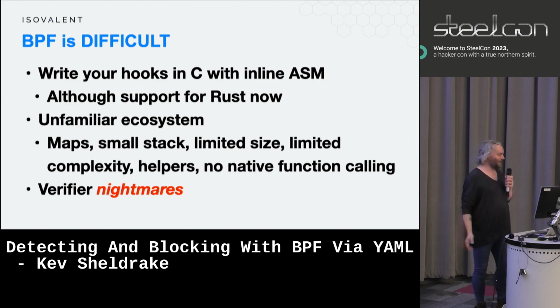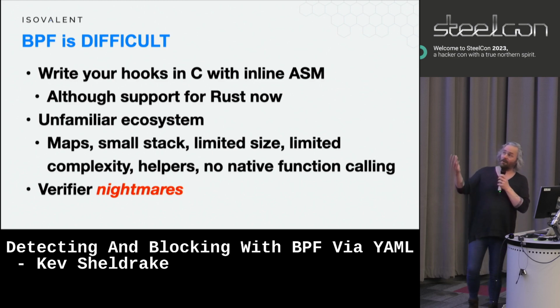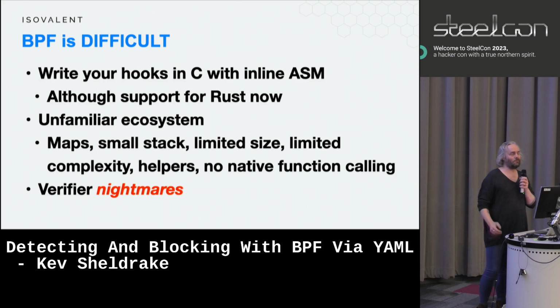It will blow your mind as to how difficult it is. The biggest thing in there is the verifier. In order to make it safe to run code in the kernel, because obviously you could crash the kernel if you could run any code, your program goes through a static analysis on load through a process called the verifier, which runs in the kernel. That checks that your program is going to finish within 1 million instructions.